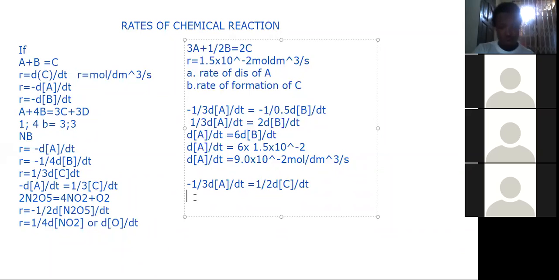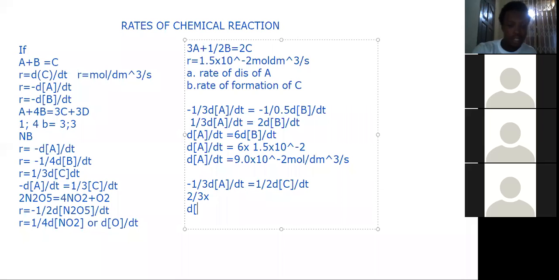So this one, you come and get 2 by 1. So this will be 2 over 3 dt, so this will be 2 over 3 times the whole of the A. That's what we had. So please multiply 2 over 3 by 9.0 times 10 to the power minus 2. What are you getting? 6.0 times 10 raised to the power negative 2.